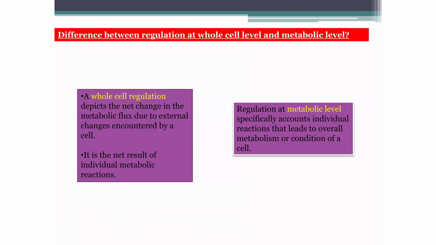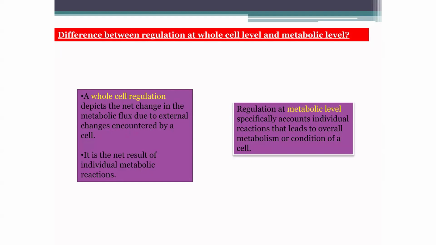Because now we are talking about metabolic regulation at the whole cell level. So what is the difference between regulation at the whole cell level and at the metabolic level? Whole cell regulation affects the net change in the metabolic flux due to external changes in contact with a cell.